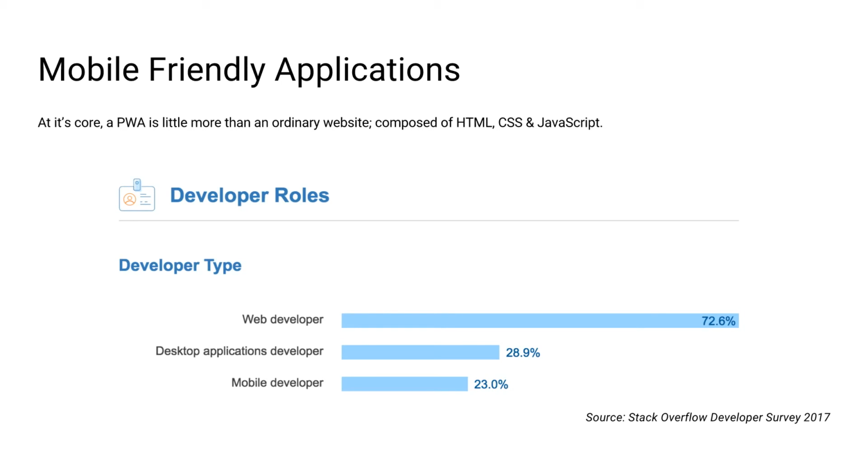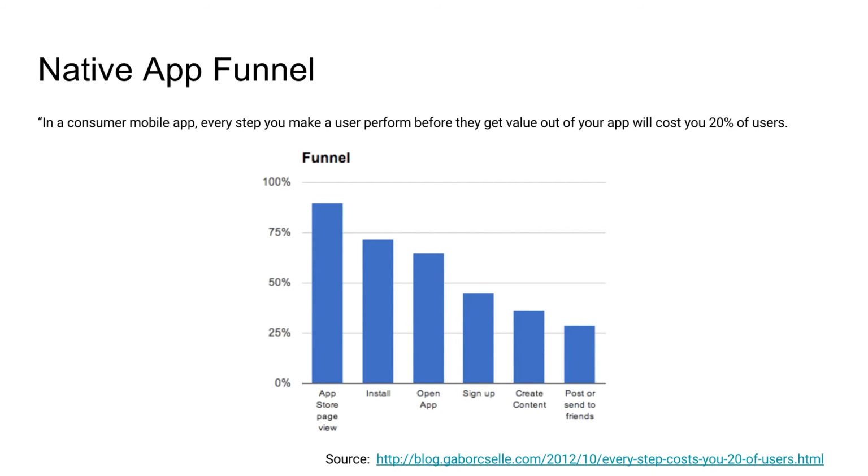And this is obviously a huge impact on the ecosystem: the number of plugins, the number of packages, and the amount of support. So by building using web technologies, you're gaining access to much better tools and a bigger and more mature ecosystem.